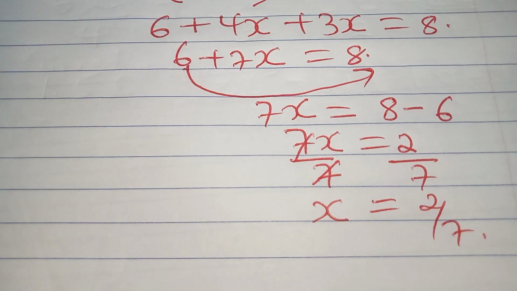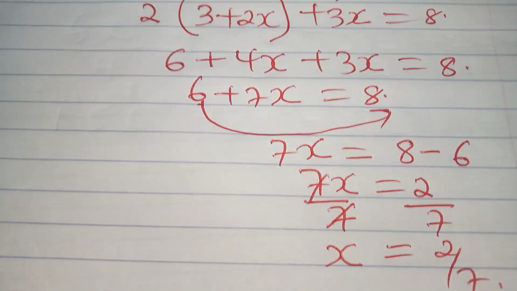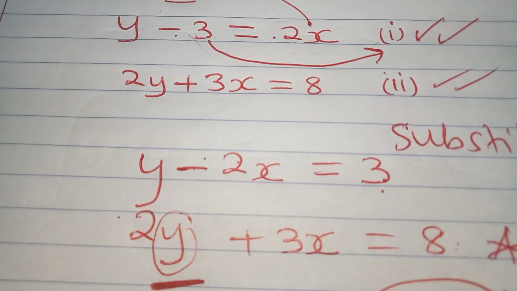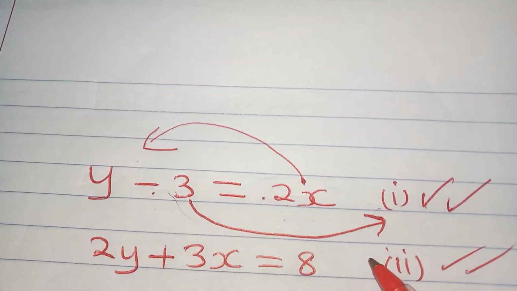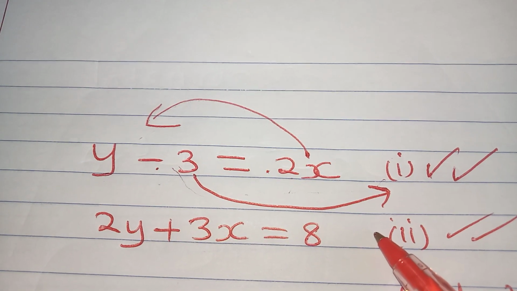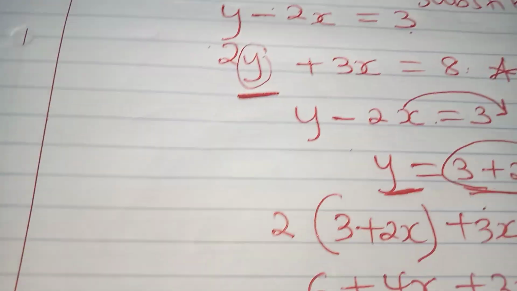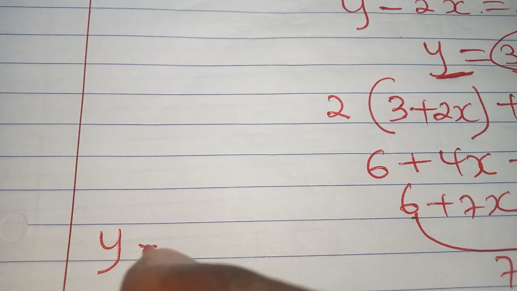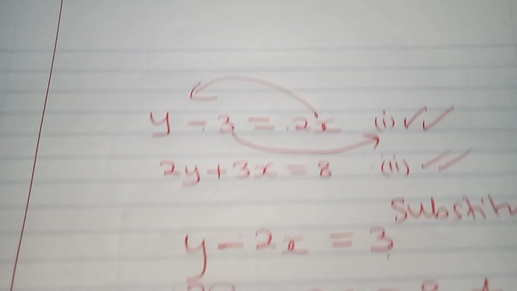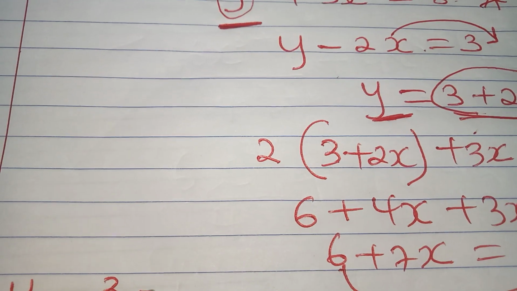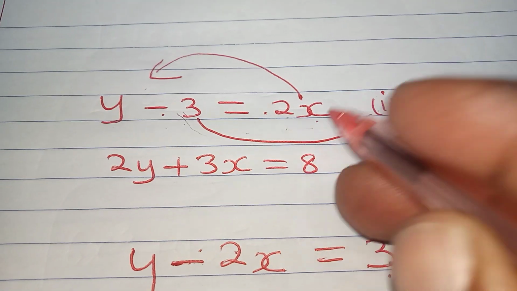I have to get the corresponding value of y when x is 2/7. I can take either of these two equations; any can work for me. I can even take the first one. So I'm going to say y less 3 is equivalent to 2x.